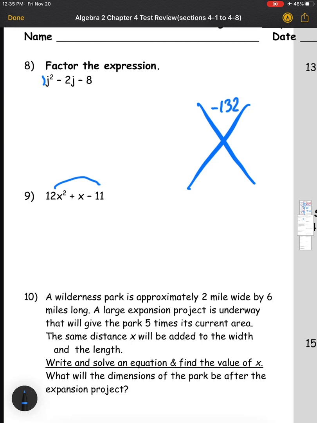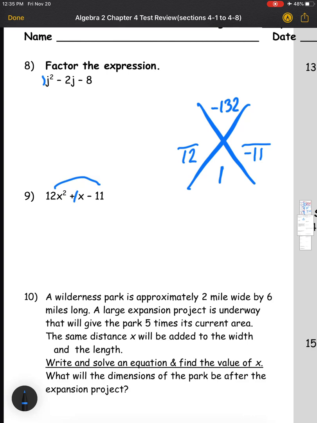And on the bottom is just going to be 1, because that's my b value right now. So you're trying to find factors of negative 132 that can add to 1. But the actual factors you already have, because 12 minus 11 is 1, and when you multiply them, they make negative 132.